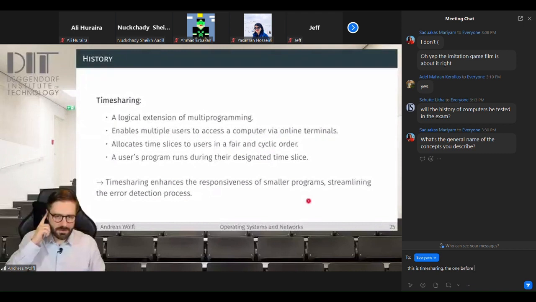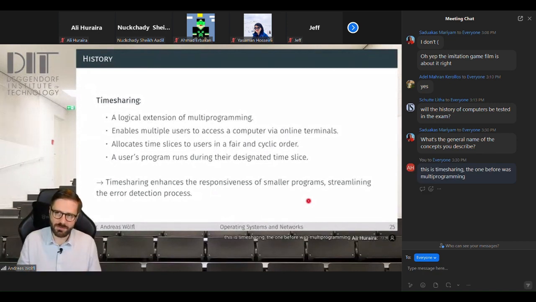Meaning that if some user has a large program that executes for 10 hours, in these 10 hours no one else could use the computer. And if this program executes for 10 hours and there is a bug, an error in the program that occurs after 8 hours, then you have 8 hours wasted.